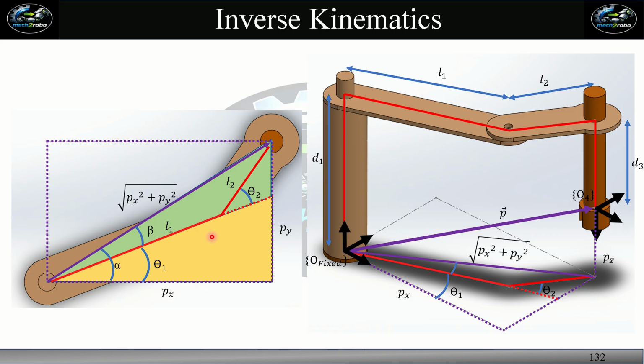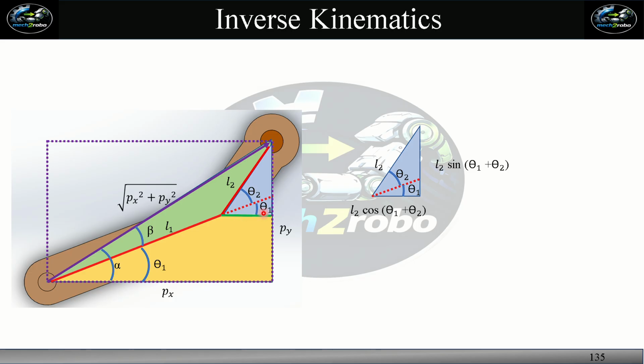Then we take this angle and this right angle triangle, having hypotenuse L2 and angle theta 1 plus theta 2.